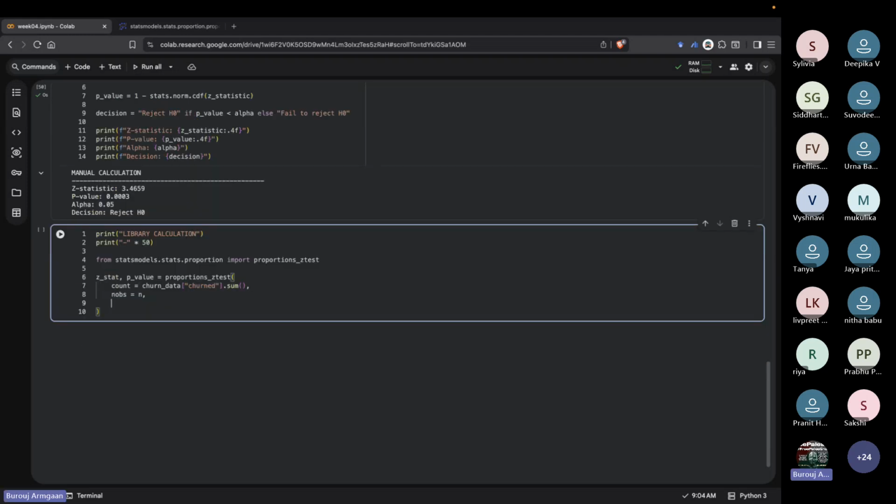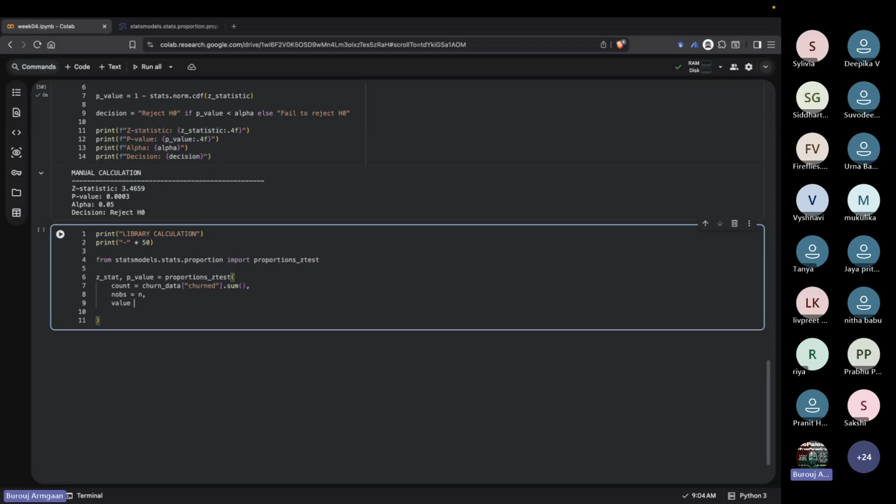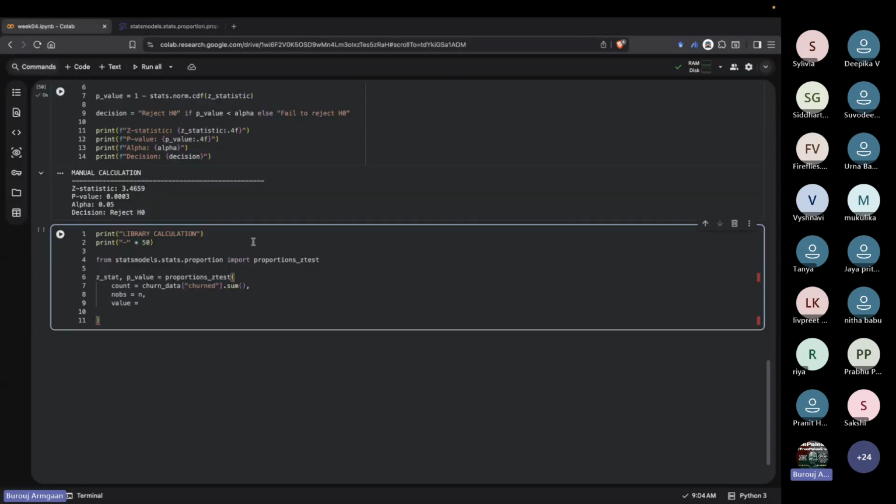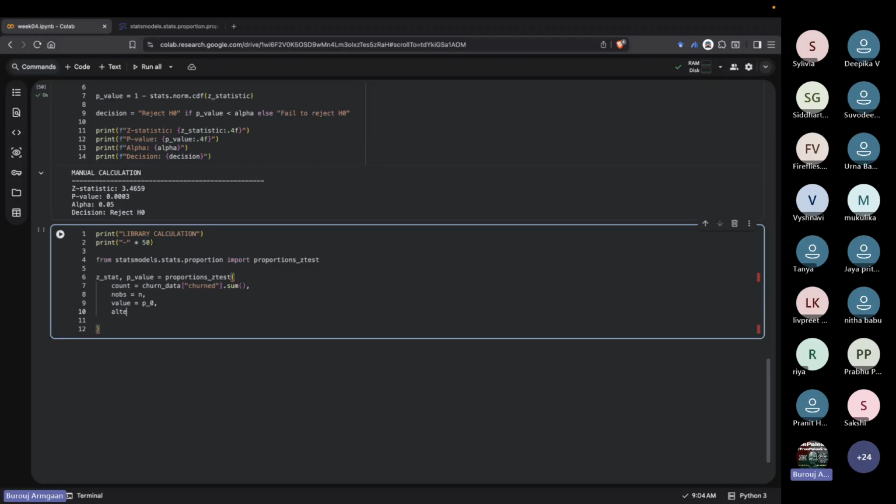That is the second part. Then we have our value. Value says this is the value of the null hypothesis, essentially the 20% that they are reporting. So 0.20, or we can say P0.